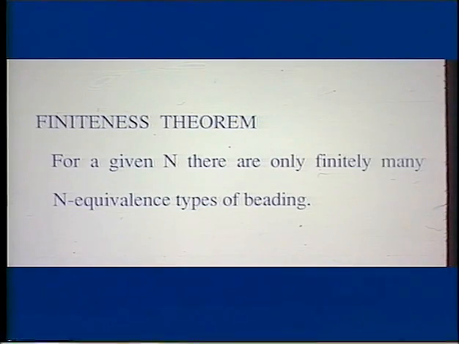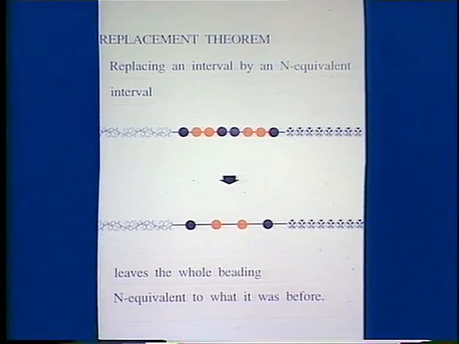Next, Fraïssé showed that if you take a beading and look at some interval inside that beading, like the piece shown in black and red in the top beading here, if you replace that interval by another beading which is n equivalent to it, then the whole of the beading that you get, the replaced piece plus the bits that you left the same as before, the whole of that beading is going to be n equivalent to what you started with.